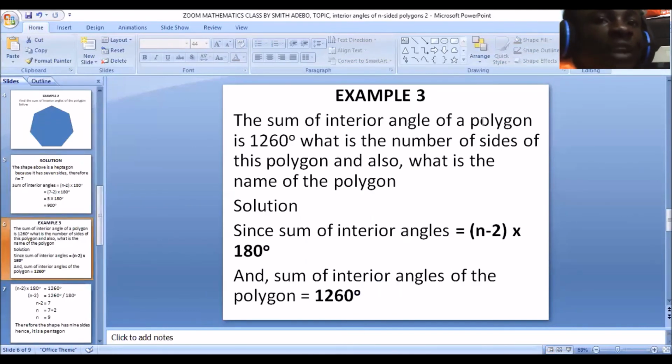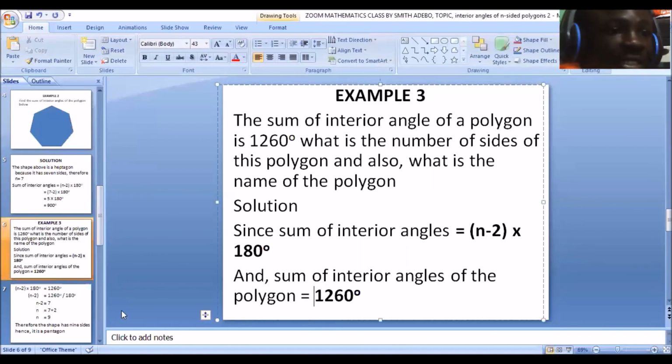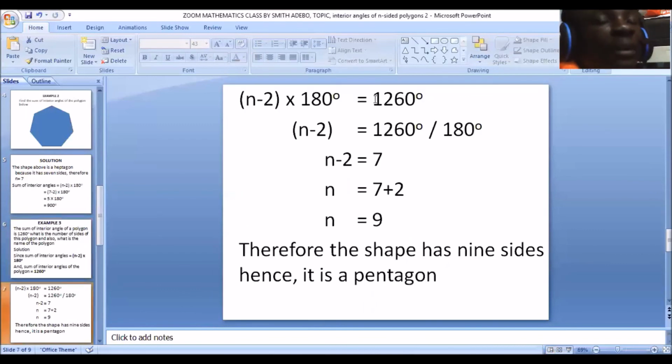Say the sum of interior angles was given, but we are asked to find the number of sides. I told you that since the sum of interior angles is equal to n minus 2 times 180 degrees, and the sum of interior angles of this particular polygon is 1260 degrees, we solve by saying 1260 degrees is equal to the formula for finding the sum of interior angles.